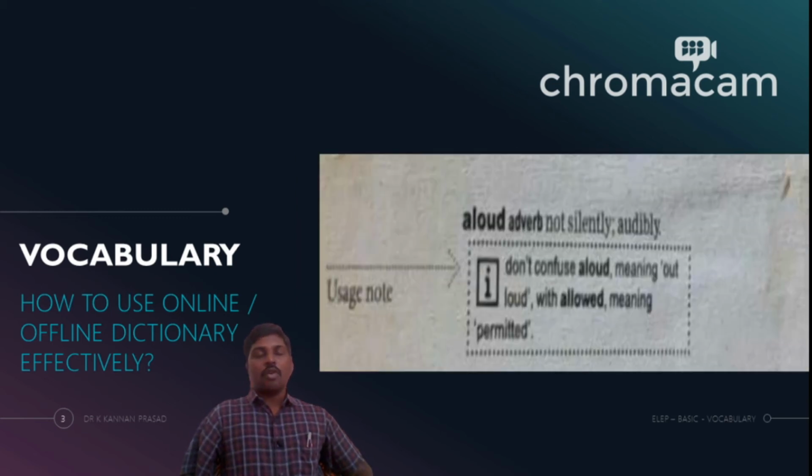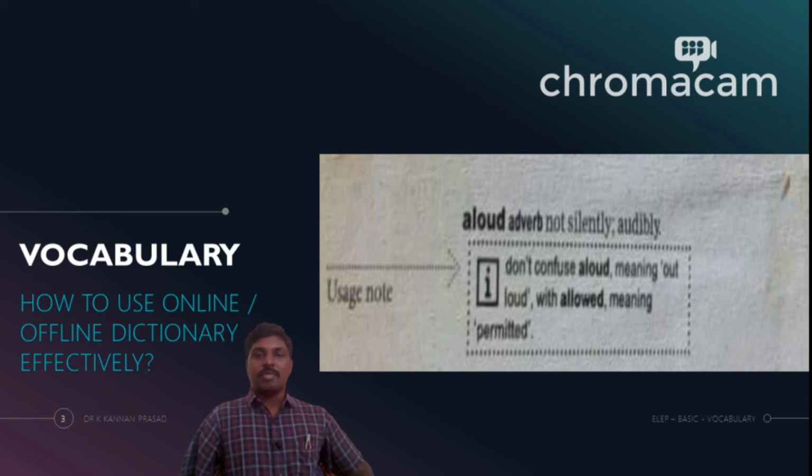Now we could see yet another example, allowed. Allowed is the head word here, and what follows allowed is the part of speech, and allowed here is an adverb. So the meaning is not silently, but audibly. You could see that the meaning is given here, right?